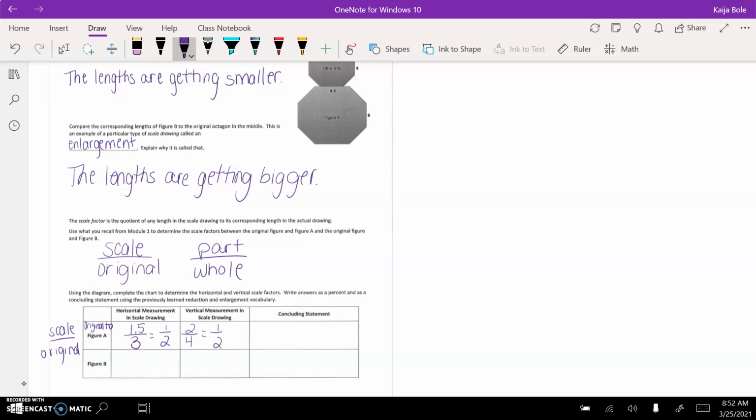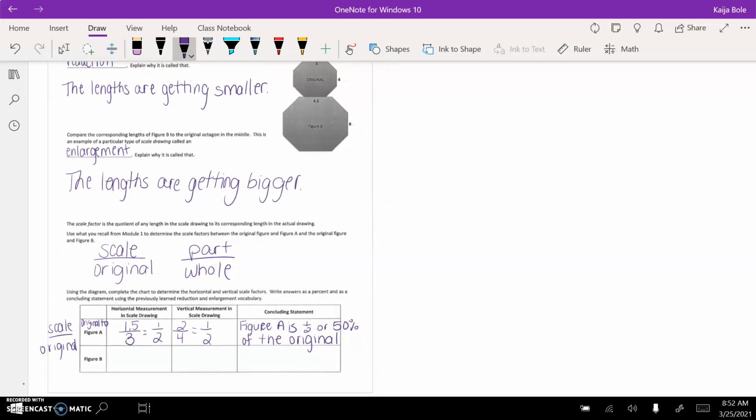So what we can say here is that figure A is 1/2 or 50% of the original. That's why we said it was a reduction.